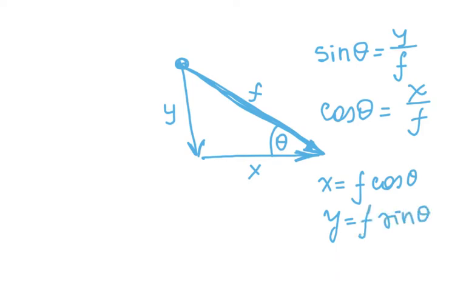And also, something interesting to notice, if the side of a right triangle is adjacent to the angle, then it will be f cosine theta, or hypotenuse times cosine. And if the component of the force is opposite of the angle, then it will be hypotenuse times sine of theta.